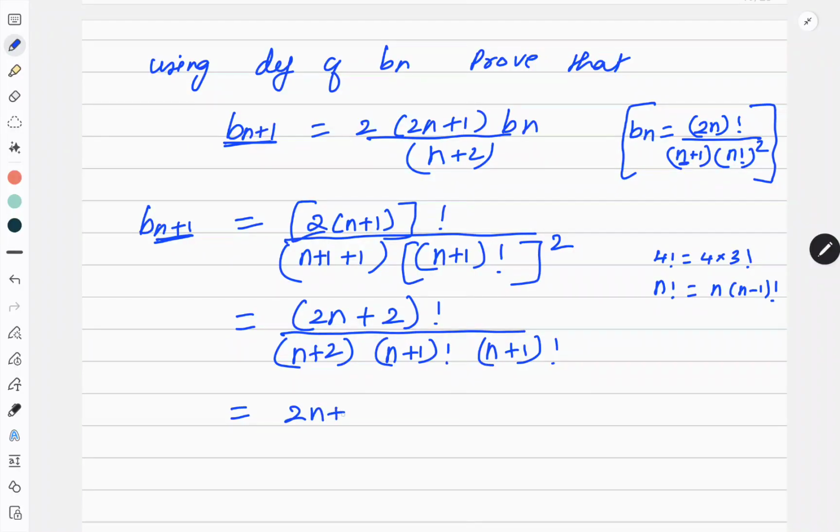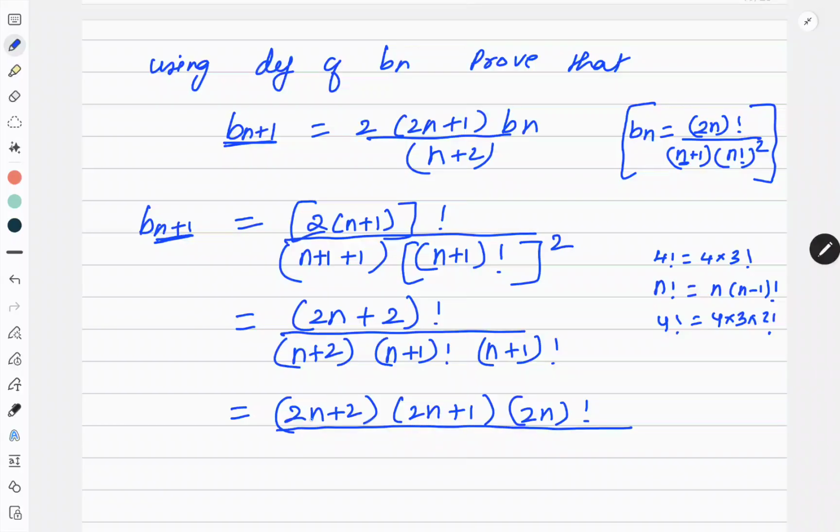So (2n+2), (2n+1) and 2n factorial. It is like that. If I have 4 factorial, I have written it as 4 into 3 into 2 factorial. Same thing I have done. Now in the denominator, what do I have? (n+2). Okay. Now (n+1) into n factorial and (n+1) factorial.